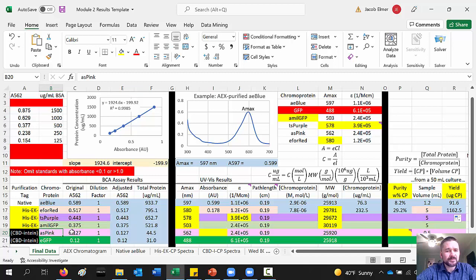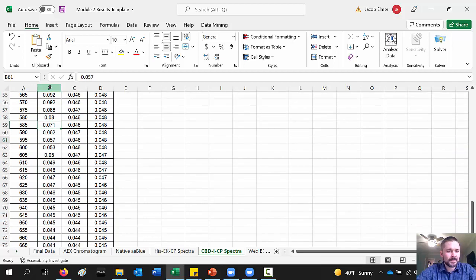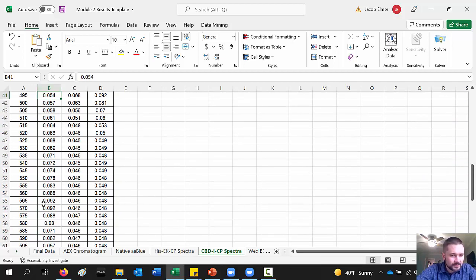So let's go with AS Pink here. We've got our BCA data already. Now let's find the absorbance at that maxima, A562. Let's see here, that's in this tab. And there's AS Pink. And there we go.